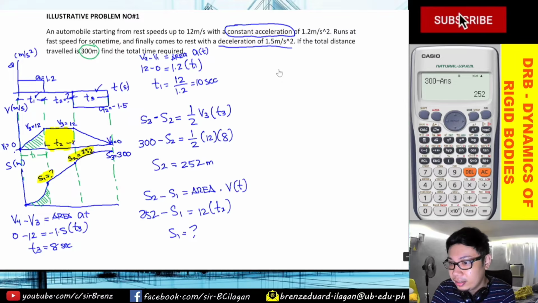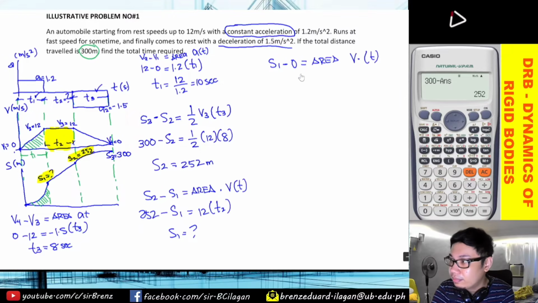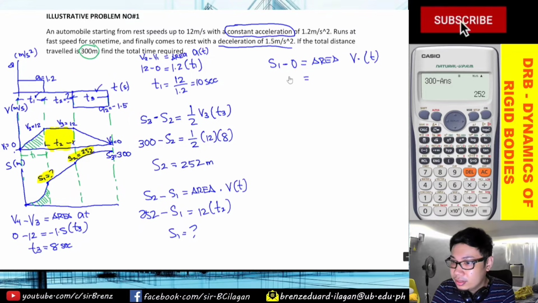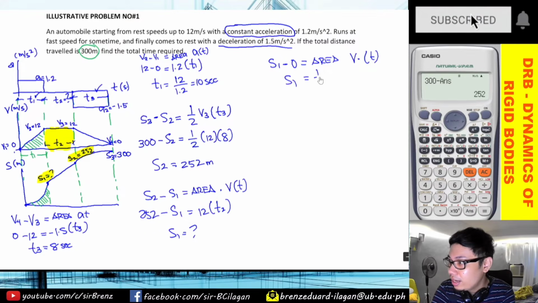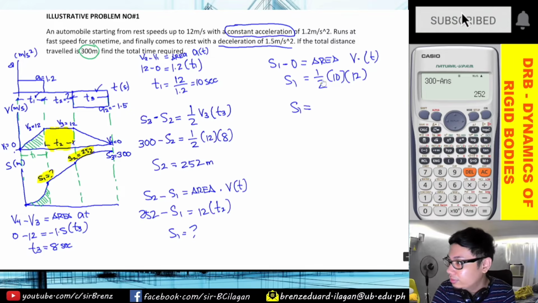So ang mangyayari, so that is S1, minus 0 is equals lang sa area nito, area ng velocity time graph. So S1 is 1/2 of the base T1 na na-compute natin kanina as 10 seconds multiply by 12. So your S1 will be, so 120 over 2, so that is 60.